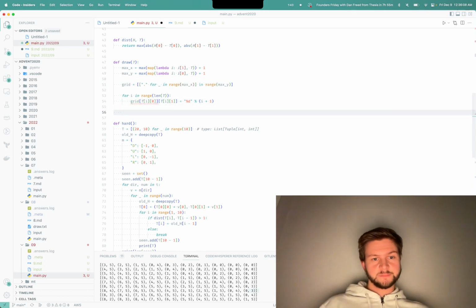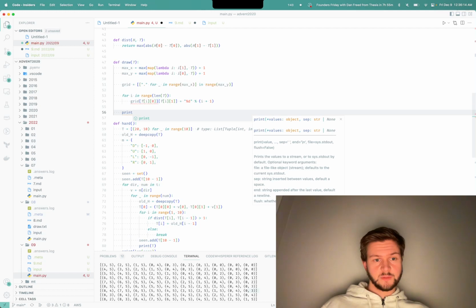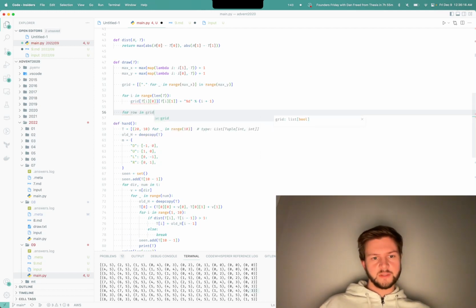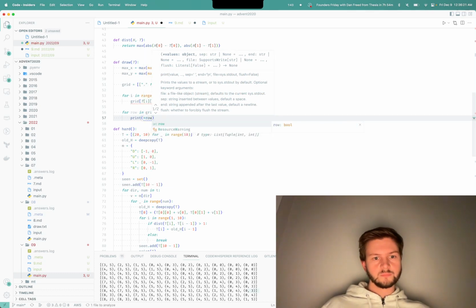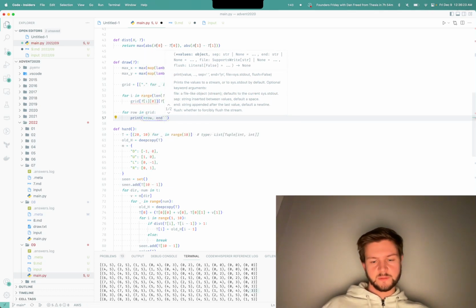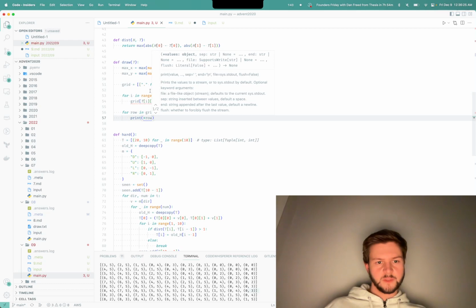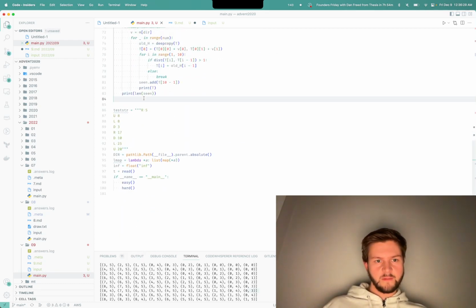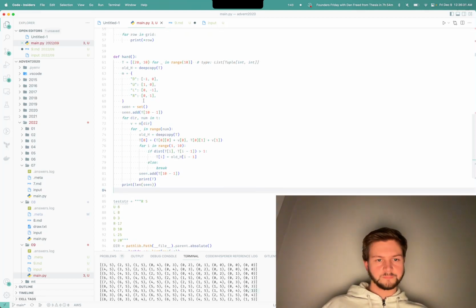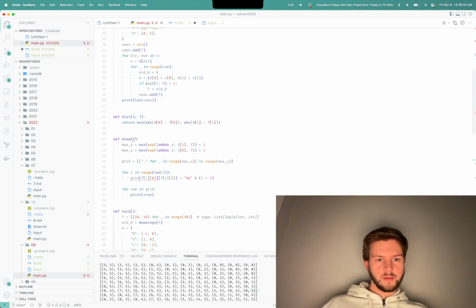Anyway, trend. No, for row and grid, trend, row, and equals. This is it, actually. Now we draw T. T is defined.